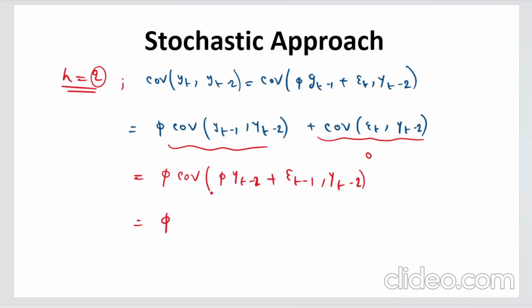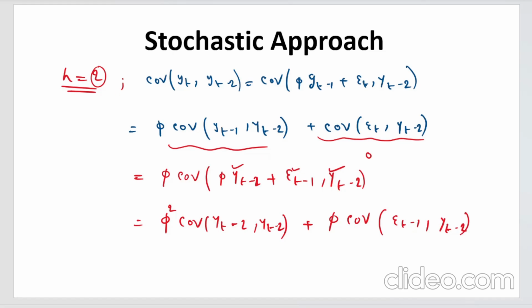So phi of, again, here you have this term and this term and this term, right? So phi square covariance of yt minus 2 plus phi covariance of epsilon t minus 1 and yt minus 2. So this term is 0 and this term is phi square.